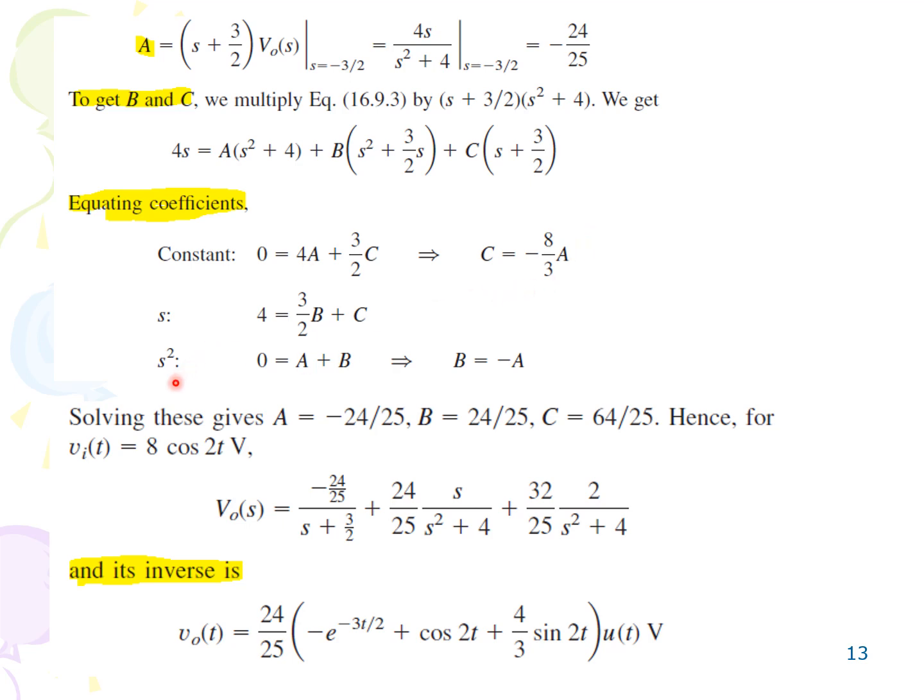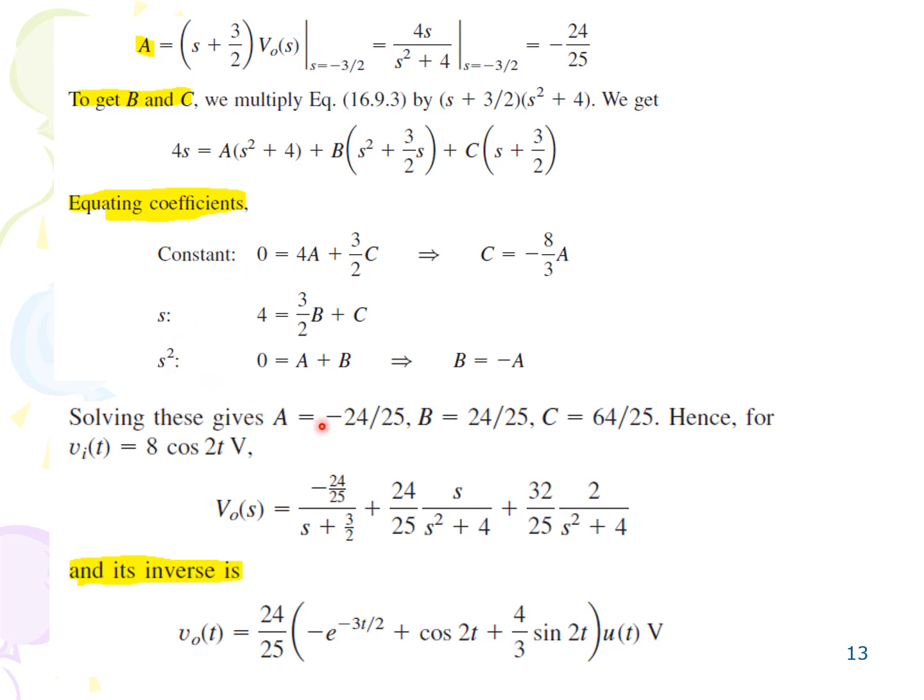Similarly, comparing the coefficient of s square, on the left hand side it is 0, and on the right hand side it is A plus B, which will give us B is equal to minus A.